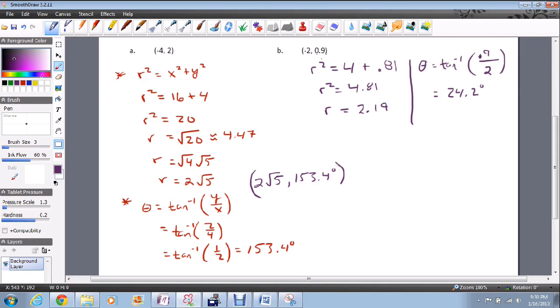But remember that this point right here is in quadrant 2. So quadrant 2 means that we have to subtract the 24.2 degrees from 180. So we actually get a final answer for theta of 155.8 degrees. So our answer is 2.19, 155.8 degrees.